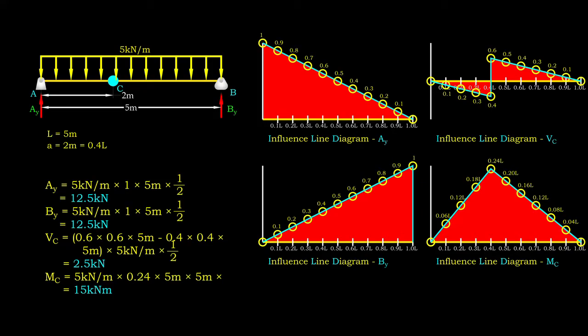On the other hand, the shear force and bending moment for point C are 2.5 kN and 15 kN-meter respectively. When using the influence line diagram, the sign convention is essential, where the value of the influence line diagram is negative if the graph is below the horizon and positive if it is above.